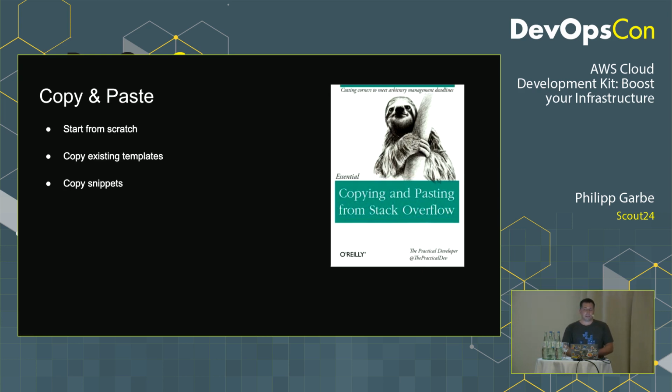The next thing that I've seen when working with colleagues or talking to other developers is how they use CloudFormation. How do they work when they start a new project? Some of them just start from scratch with an empty file, and others use some existing templates and then modify them.